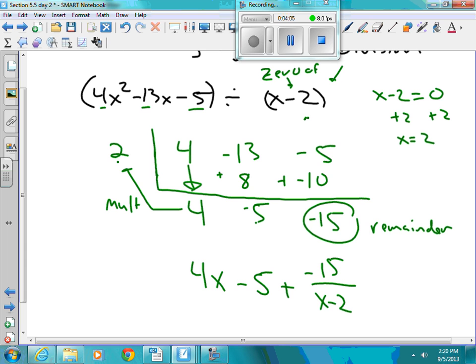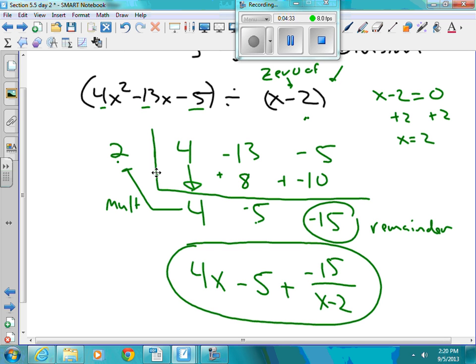So for me, synthetic division is much easier. I know it seems kind of strange at first, but once you practice it a few times, you're going to choose this anytime you can over long division. Most people. Some people, no, they're going to stick with long division, but synthetic division is faster than long division. The drawback is you can only use it when you have a linear binomial divisor.